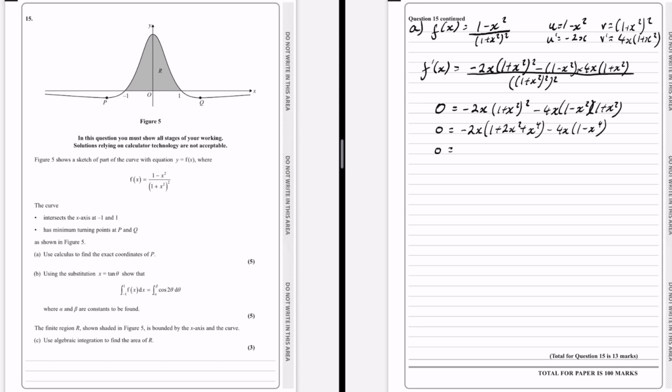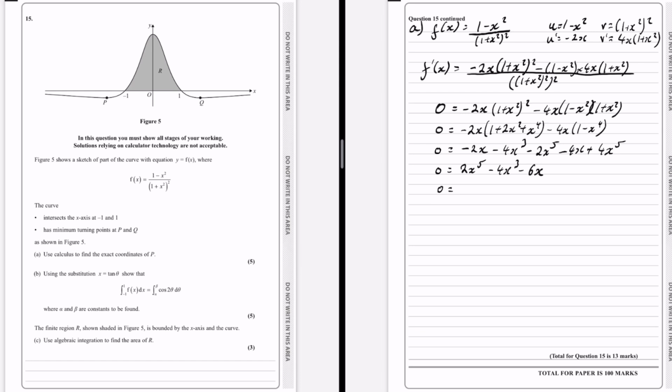Expanding all of that out, we'll get minus 2x minus 4x cubed minus 2x to the power 5 minus 4x plus 4x to the 5. We can now collect like terms, so we'll get 2x to the 5, that comes from the 4x to the 5 minus 2x to the 5, minus 4x cubed minus 6x.